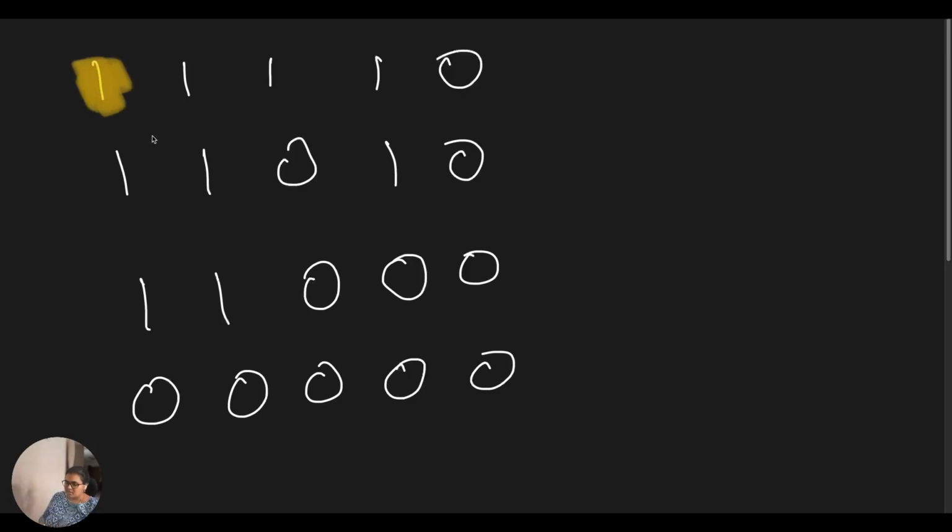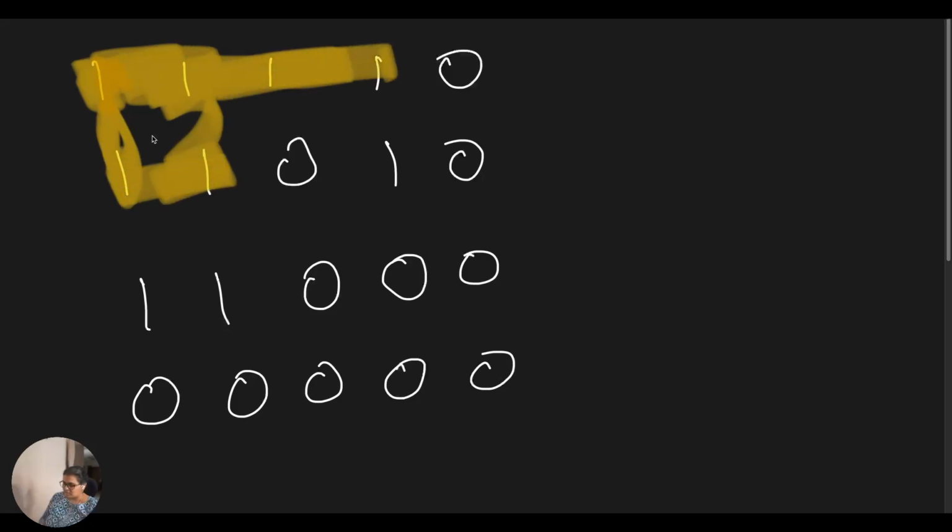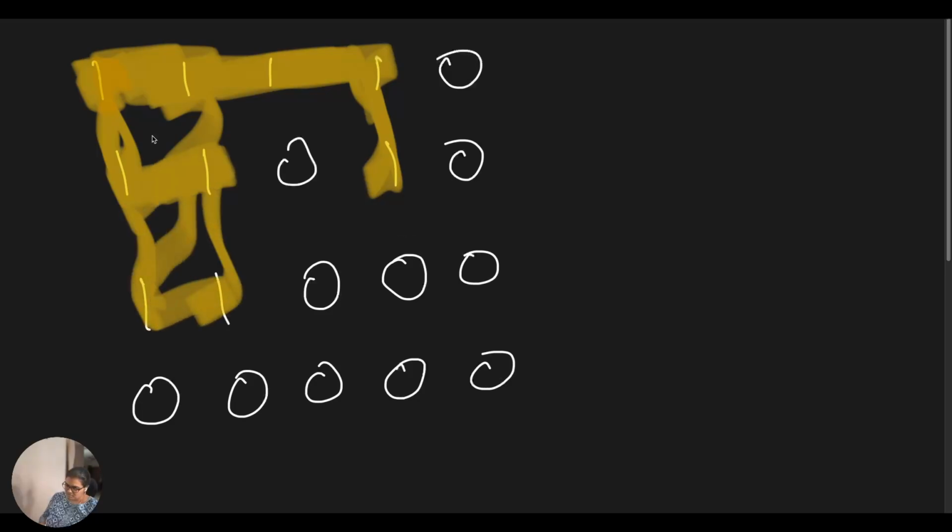What is the accessible land from here? You can go here, here, here, and from here you can go here. So this part of land is connected. The rest are all zeros. So the number of islands here is the total connected areas, which is 1 in this case.